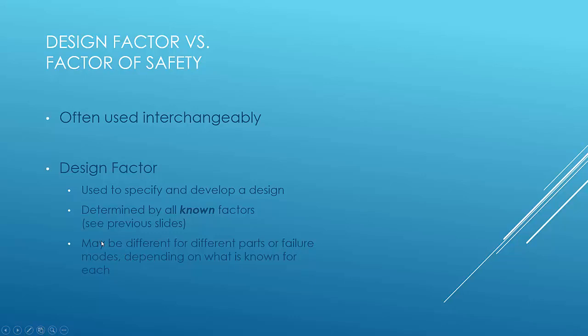That design factor may not be the same factor for each part. There might be some more known factors, or it might be a weld, so it would be a different failure mode. So you're going to have a design factor for different parts or failure modes, depending on what is known for each. So the factor of safety is what results.